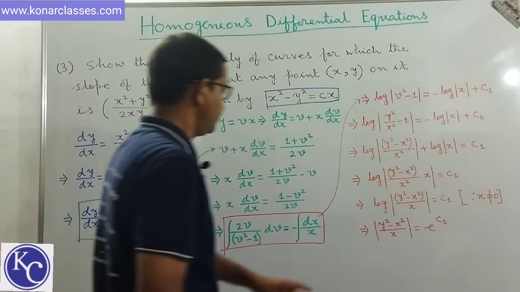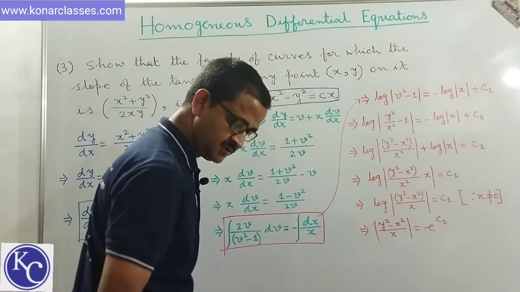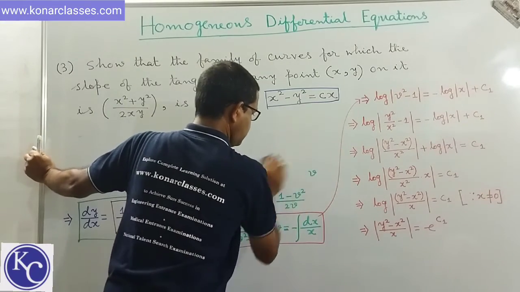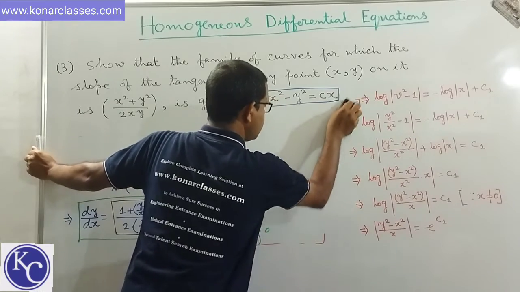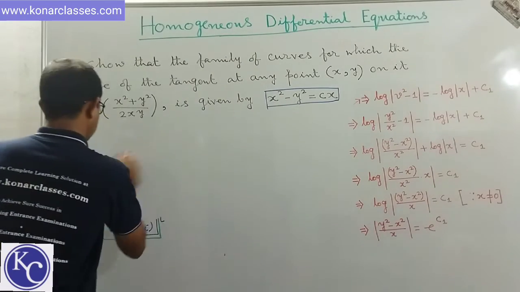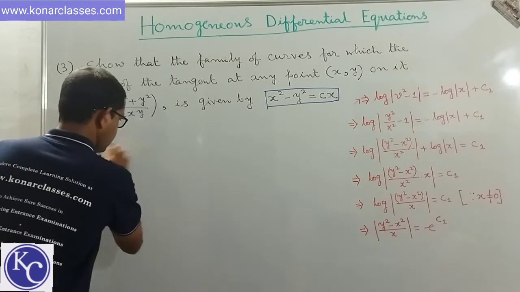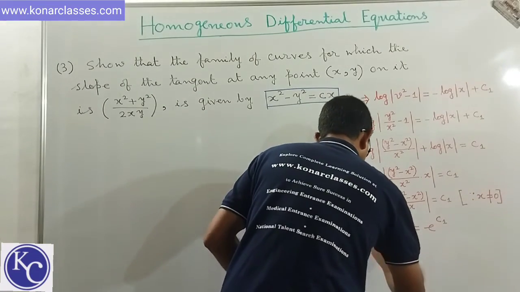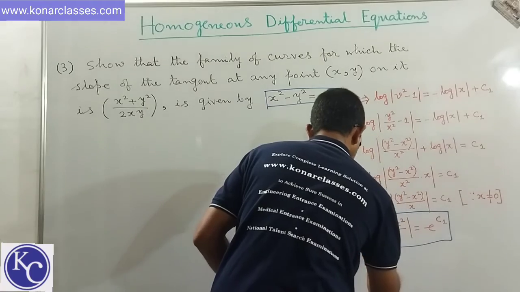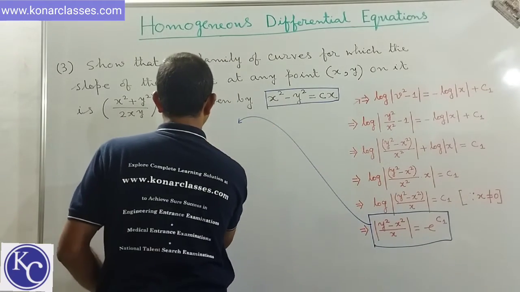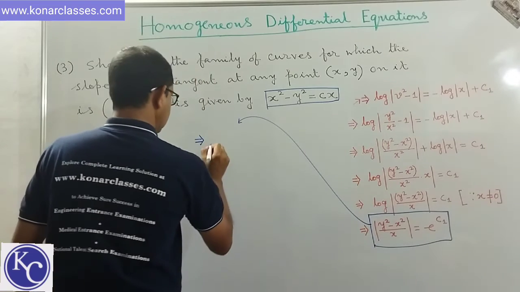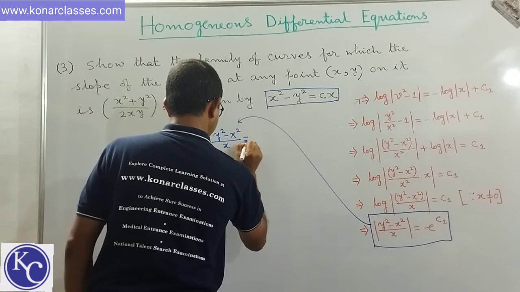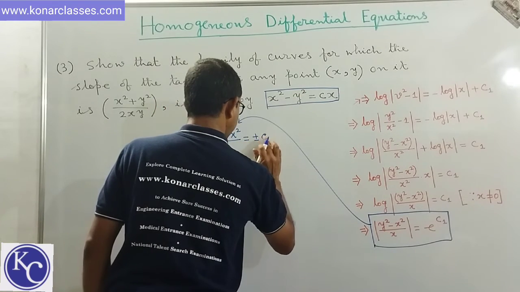So now this implies what? Let's proceed from here, coming back to this part. So this implies, dear students, that (y square minus x square) divided by x is equal to plus minus e to the power C1.